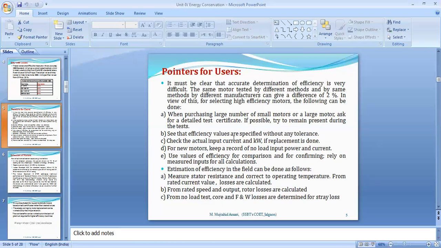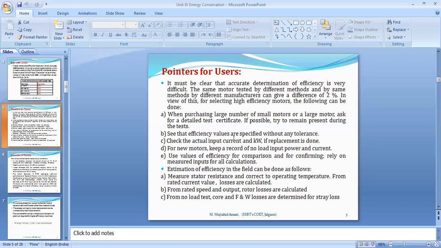So we have to do the correction in the value of resistance. The meaning is that we have to consider the effect of temperature change in the resistance value, and after calculating the effective resistance value, we are able to calculate the losses. If you neglect the temperature effect, the calculated values and actual power consumption will be different.